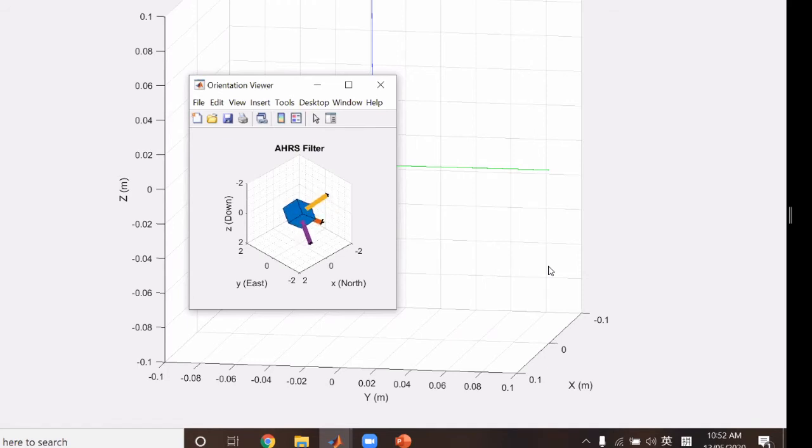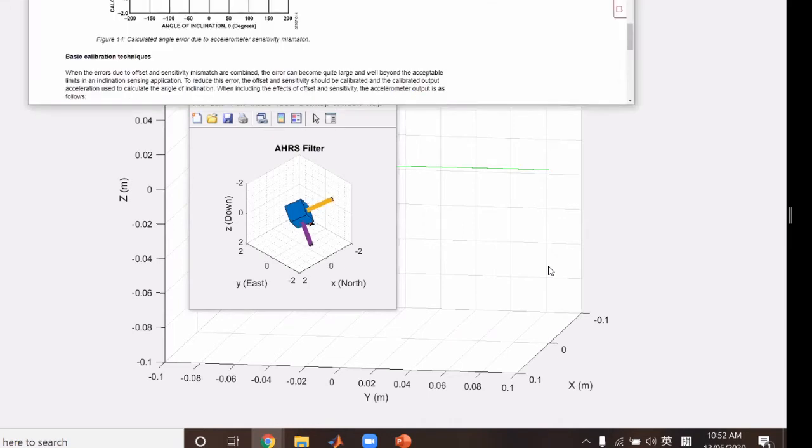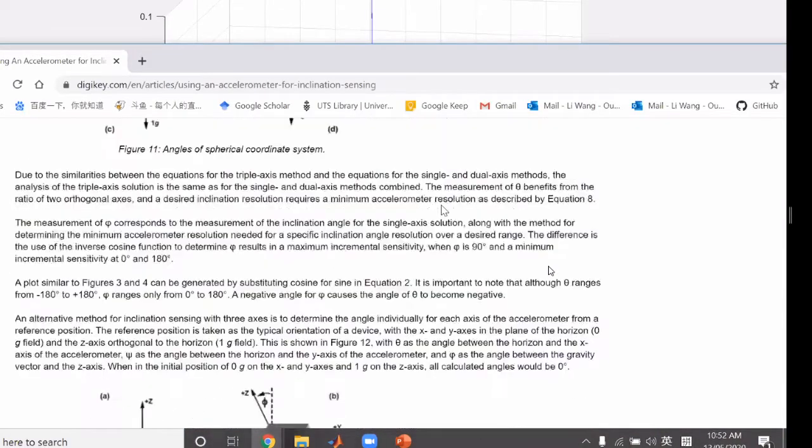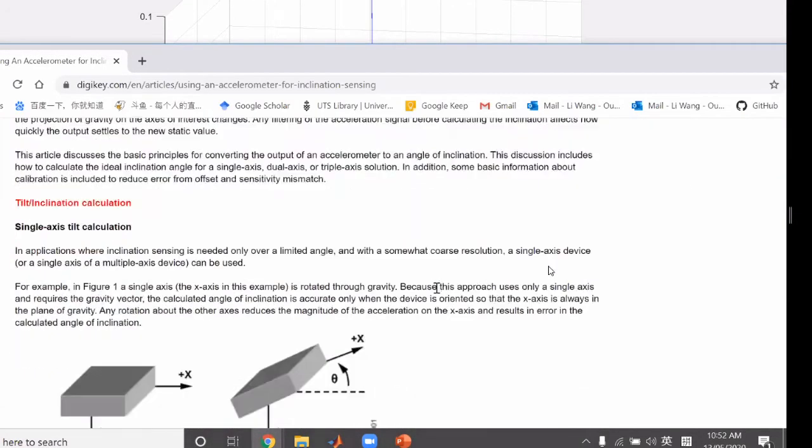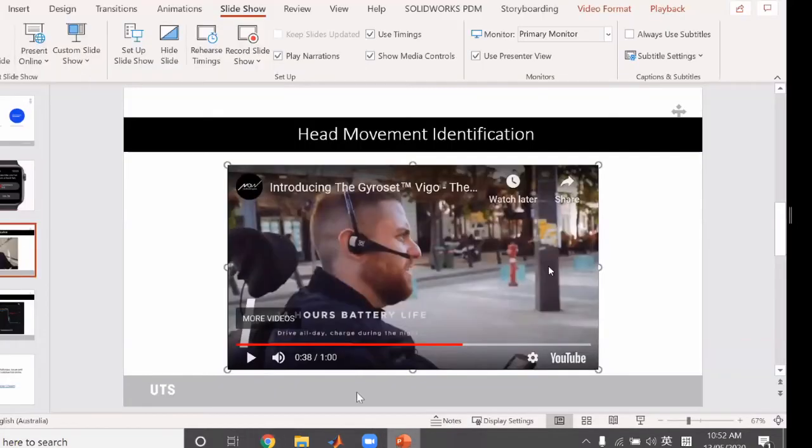It needs a lot of mathematics, but in our project we won't use that accurate algorithm. We just calculate the inclination of your head, so it only requires a little bit of trigonometric function knowledge. Yeah, that's it.